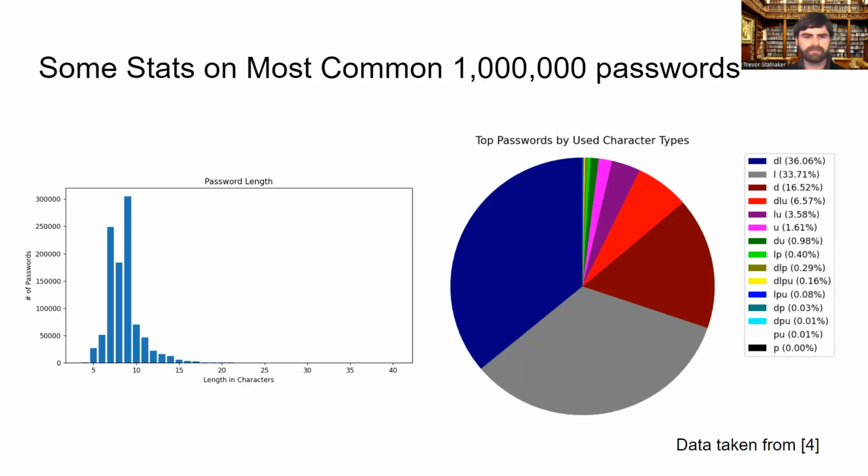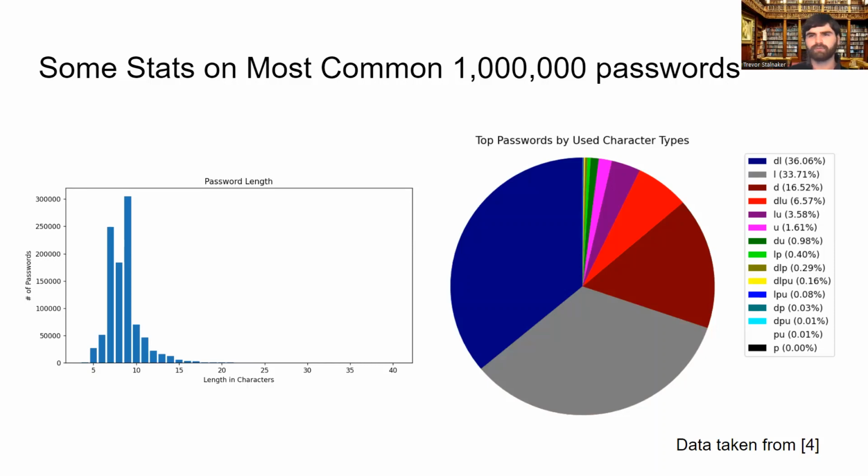I figured out that most of the passwords are between 7 and 9 characters. There's a good spread, but 7 through 9 make up the vast majority of them. And if you think about it for a second, that makes sense, because the common wisdom out there is that a password of length 8 is usually pretty secure. That's like the magic go-to number.